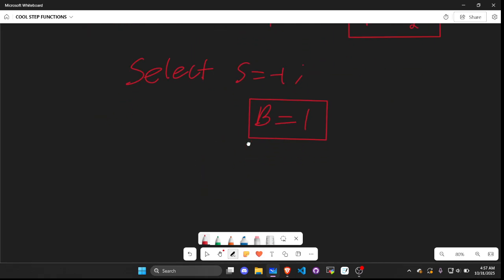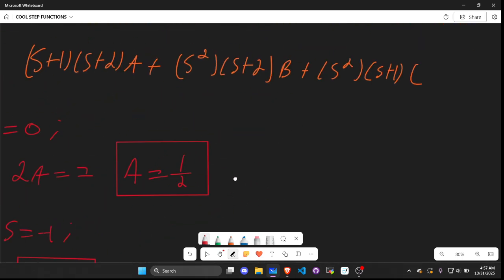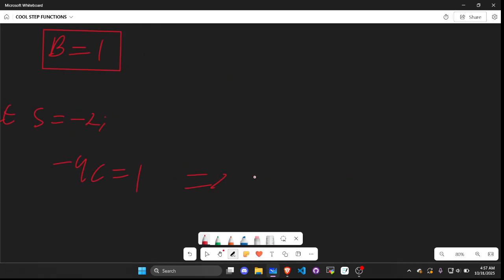All right, and now we're going to select s equals -2. And if s equals -2, what happens? Well, cancel, cancel, blah, blah. -2 times 1 is -1. -2 squared is 4. 4 times -1 is -4, so -4c equals 1. Which means that c equals -1/4.